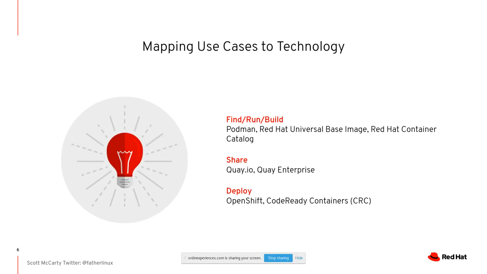Quay.io is out on the internet; Quay Enterprise is something you buy and deploy locally. I talked about OpenShift, which is our enterprise distribution of Kubernetes. And then I talked about code-ready containers, a technology that allows you to run an entire OpenShift environment locally on your laptop. So there are a lot of different technologies I dragged in, but I showed how easy it is to use them all together. It's not that hard. It's actually quite simple.